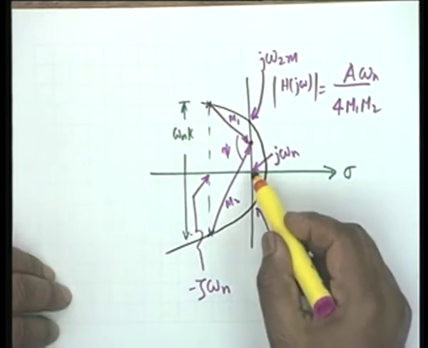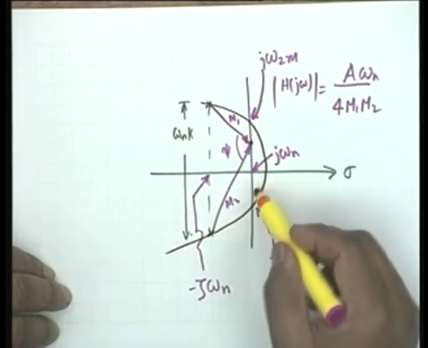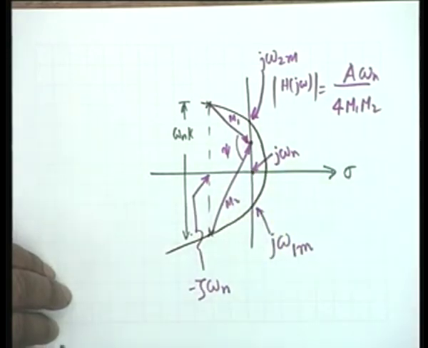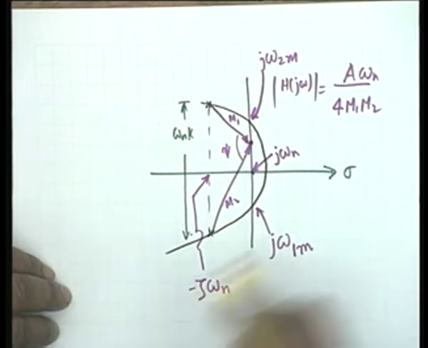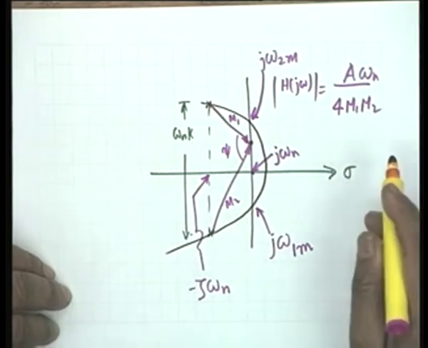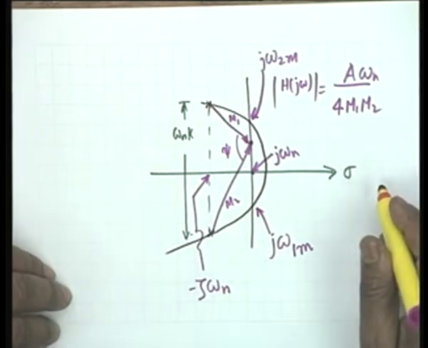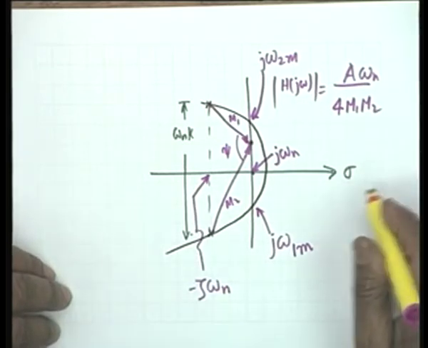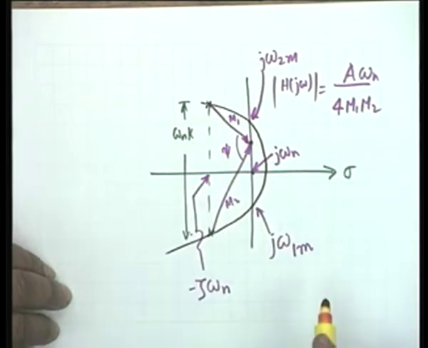All right. The crossing that is shown here is j omega n, quite correct. You labeled it sigma. This sigma is okay. I can draw the sigma axis anywhere I like. Sigma is okay in the horizontal line. This point is j omega n.